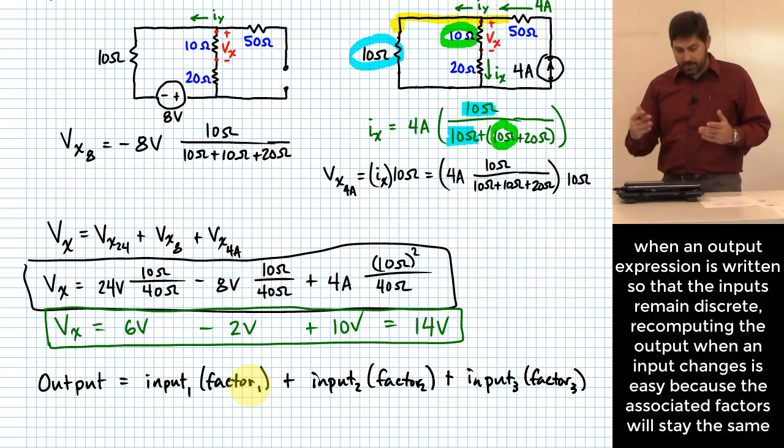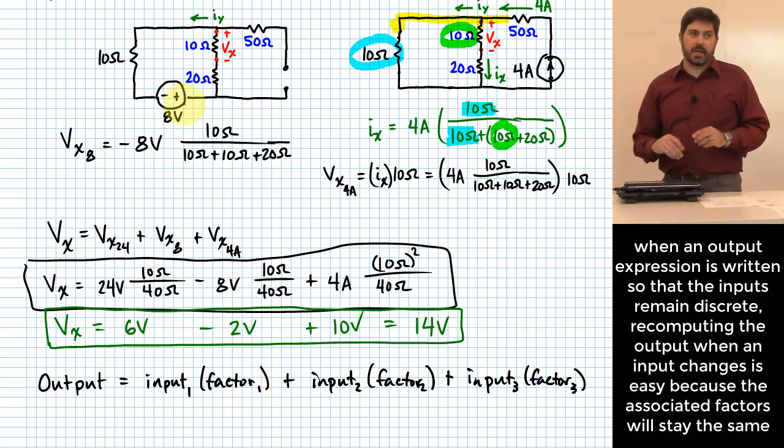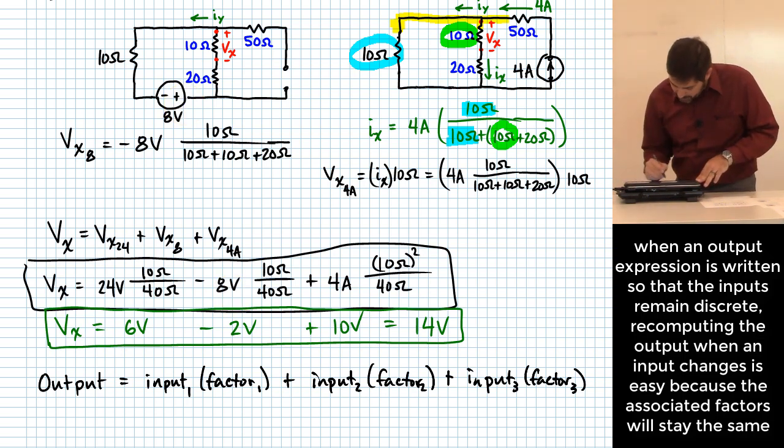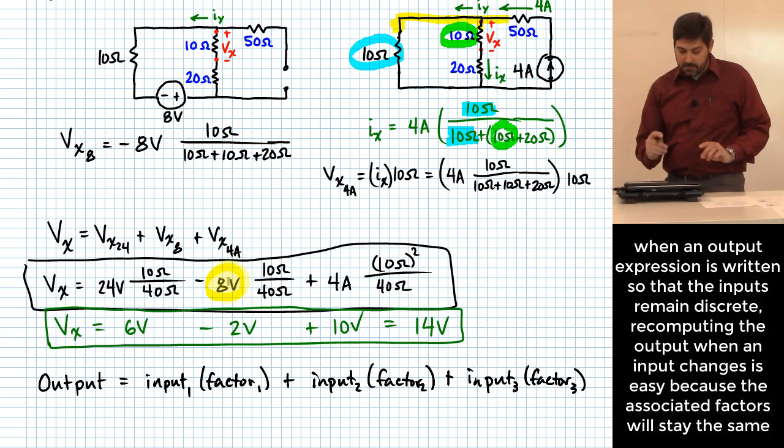You can say, well, what would happen if I changed my 8 volt to 16 volt instead? What's the only thing that has to change in this process? The only spot you have to change something is that value right there. The rest of the circuit will work the same way. You can just plug in a 16 volt there instead.